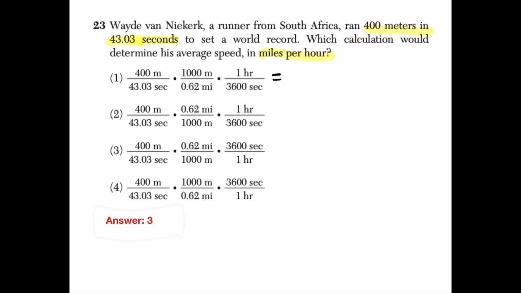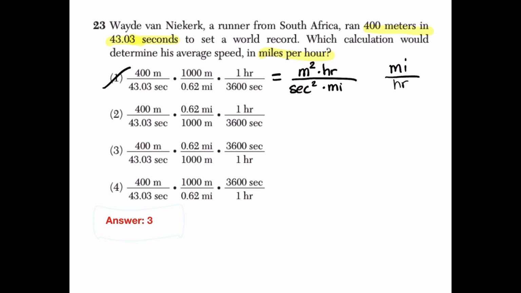So my final answer is going to have meters squared times hours, and I'm also going to have seconds squared times miles. That's not what we're looking for. Remember, we wanted miles to hours, so this one doesn't work.